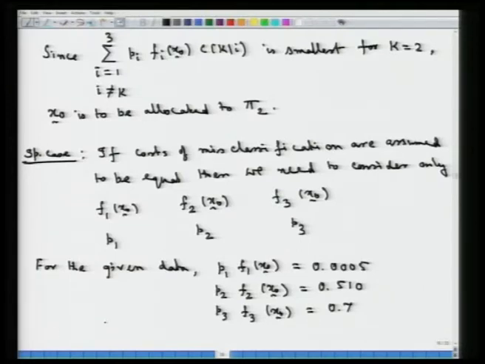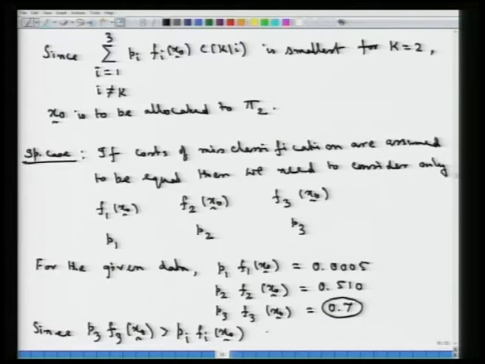Now, we are going to allocate x naught to that pi for which one of these quantities is the highest. And what is that? This one is the largest, since in the present situation P3 F3 x naught is greater than Pi Fi x naught for i equal to 1 and 2, leaving aside the k equal to 3 term on the right hand side. X naught is allotted to the third population, which is pi 3.